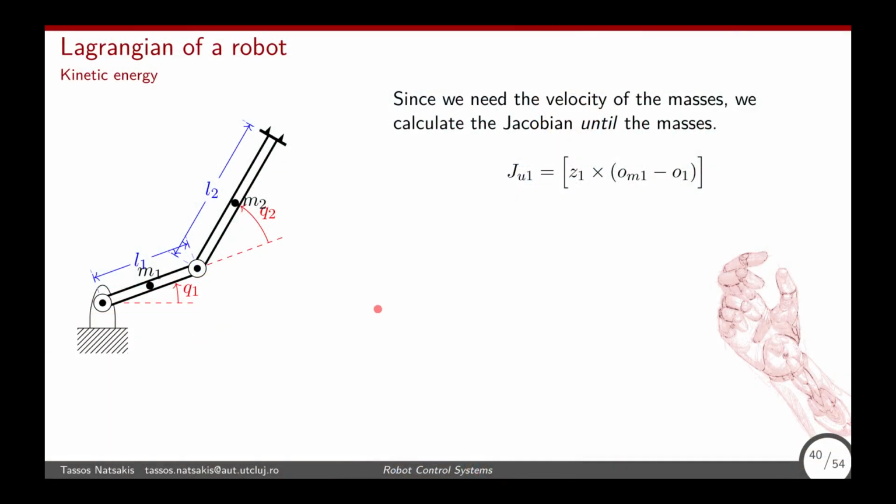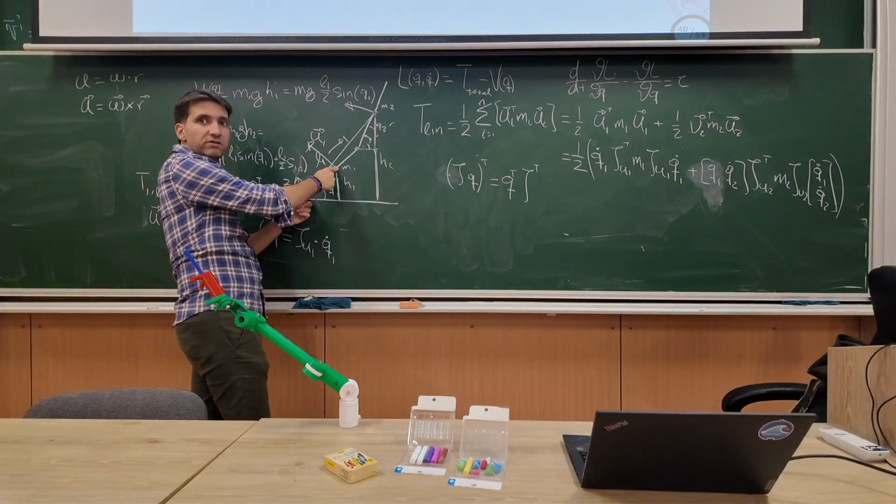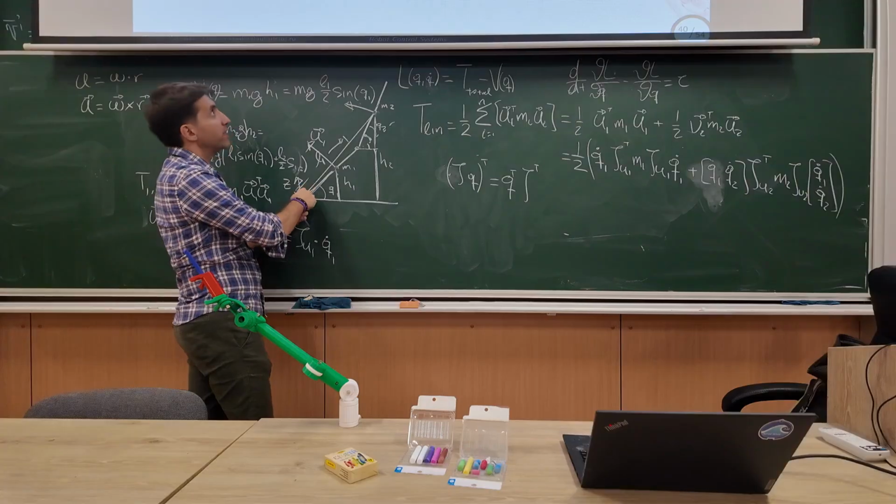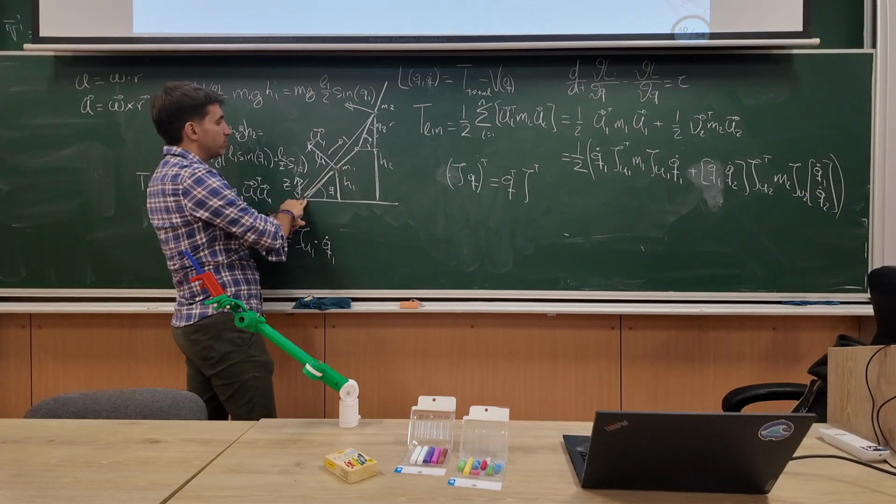If you remember, we have this linear Jacobian, which is the cross product between the axis of rotation and the distance from the joint until the end effector. Now my end effector, I put OM1 because my end effector is mass 1. So mass 1 minus O1, so this vector.